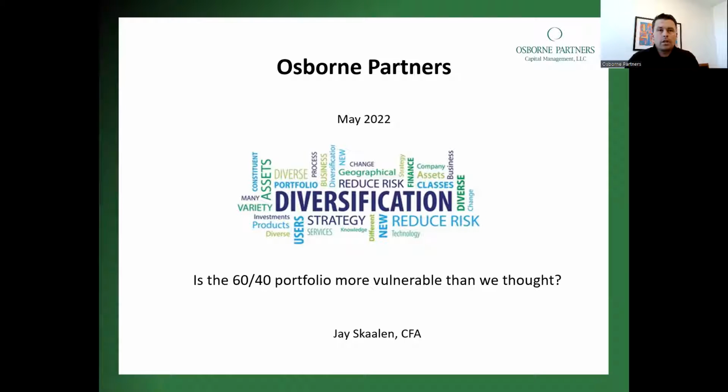And today we wanted to talk a little bit about diversification and specifically take a look at the traditional 60-40 portfolio, which many view as the standard of diversification. And we want to ask and answer some questions that may dig into the topic a little bit more to see if the traditional 60-40 portfolio might be a little bit more vulnerable than many expect.